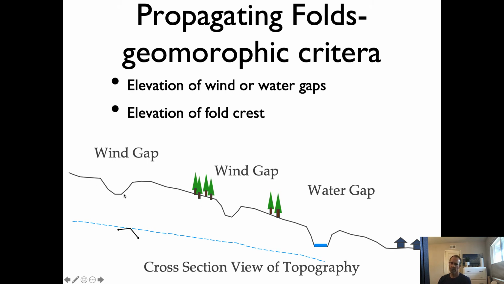By looking at the elevation of these through time, you can see the river used to flow here, but it got lifted up too high, then it was here, and now it's here, and eventually it'll probably jump to here, out where these houses are. So this whole area is rising through time, and it's propagating out towards the right. Two things, the increasing elevation of these wind gaps shows that this thing is growing, as well as the elevation of just the crest of the fold, the top of the fold. Okay.